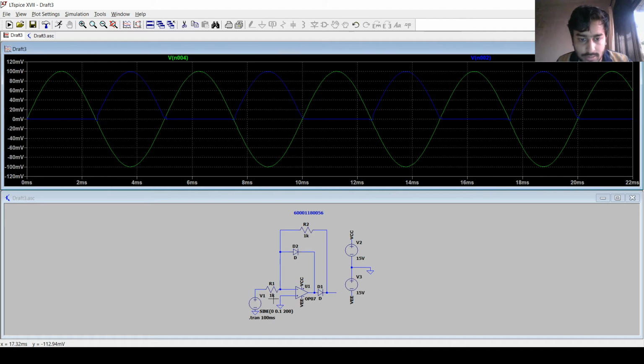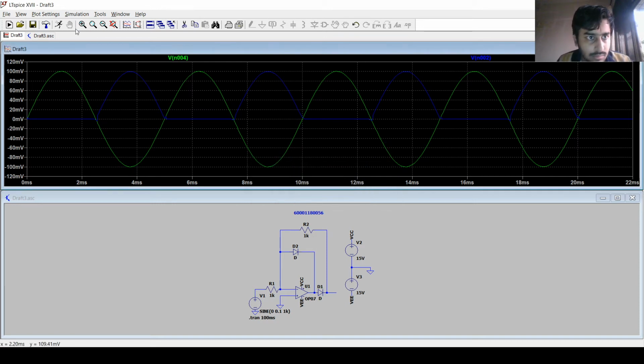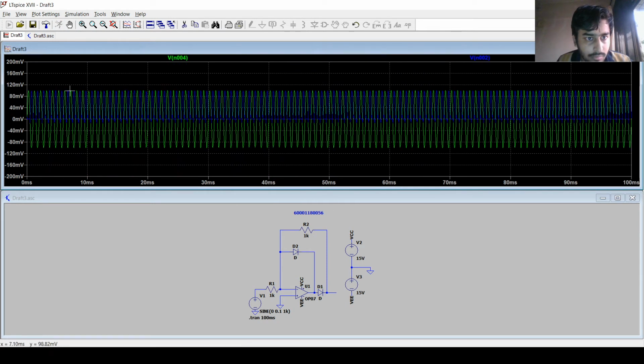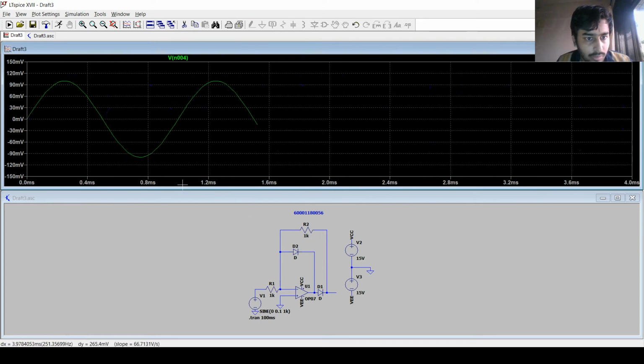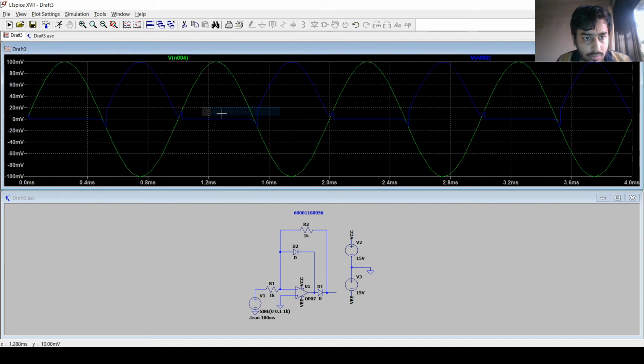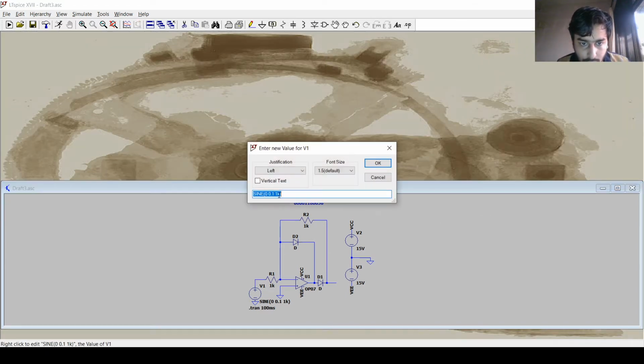Now let's again increase the frequency to 1 kilohertz. Now we are able to see a little bit of distortion over here. Now let's run the circuit for 5 kilohertz.